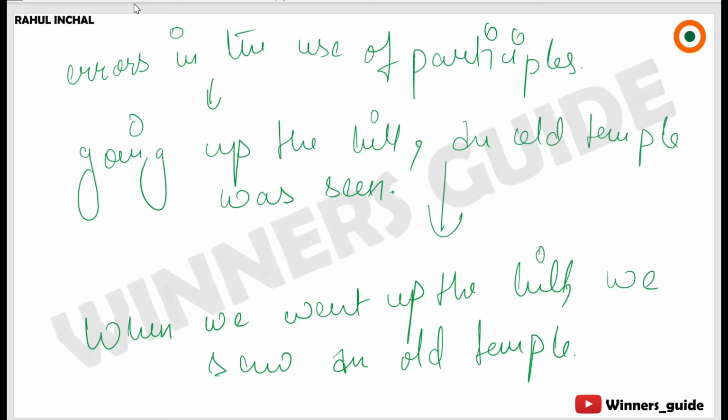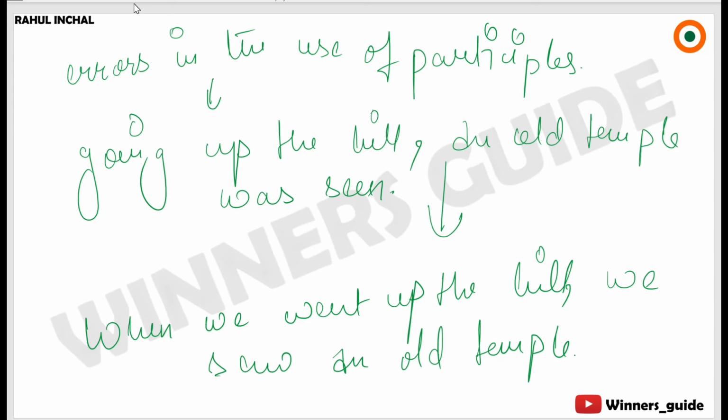No, that's not how we are supposed to say. Entering the room, I found the light quite dazzling. Or when I entered the room, the light was quite dazzling. So I hope you understood what participles are and how we're supposed to use them.